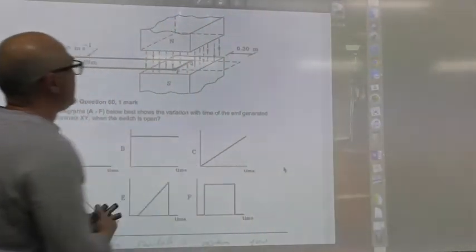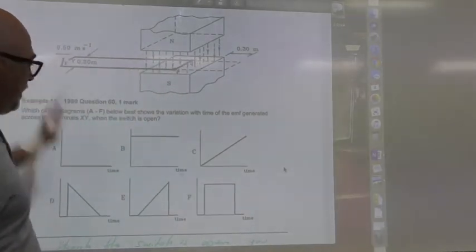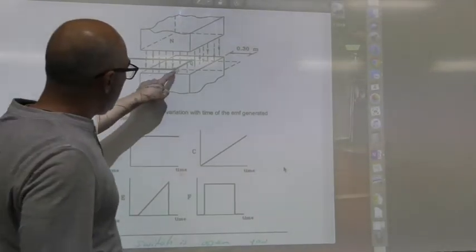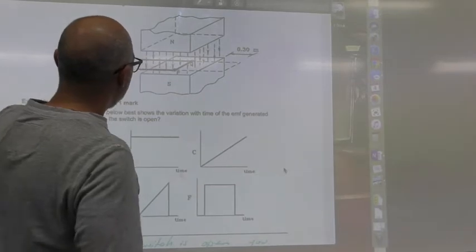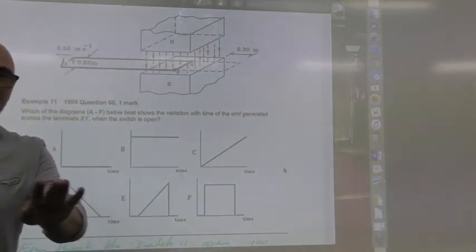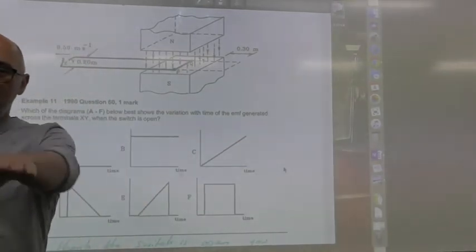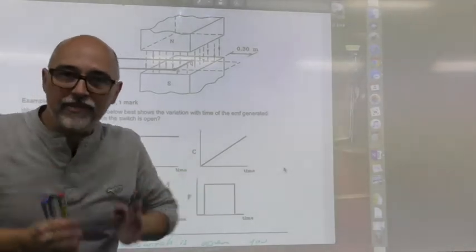Here, this wire gets pulled out of the field, all right? Now, these side wires, you can see that if this was like a bed of nails, those side wires, to pull them out this way, wouldn't hit any nails, right?